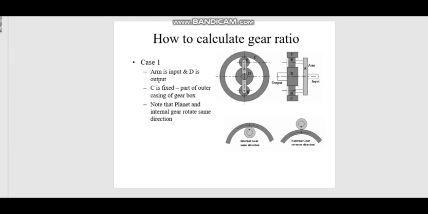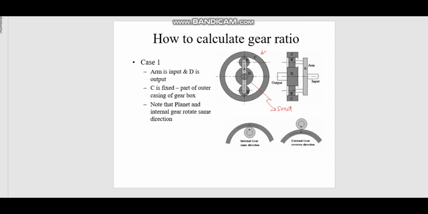So let's look at the application of the basic theory of epicyclic gear on this particular case. In this particular case, call it case one, the situation is such that the arm is an input and D is the output. So if you look at this particular schematic, what we have is the sun gear, right?